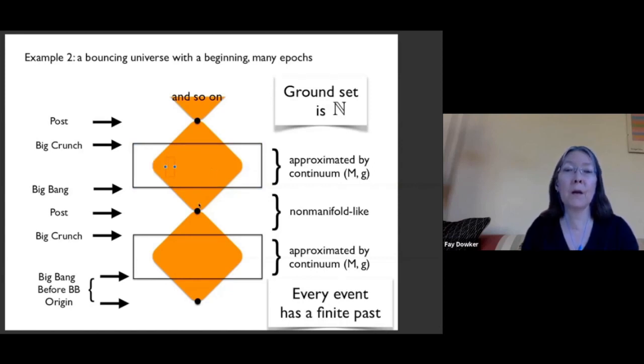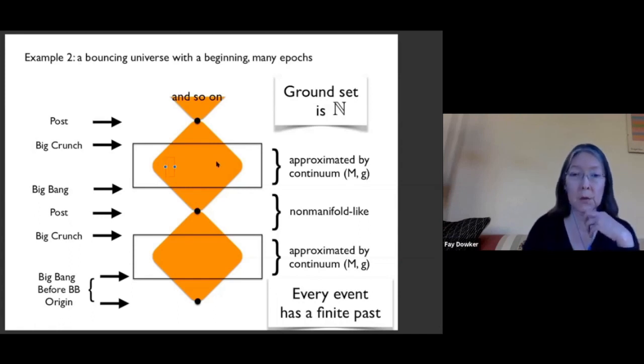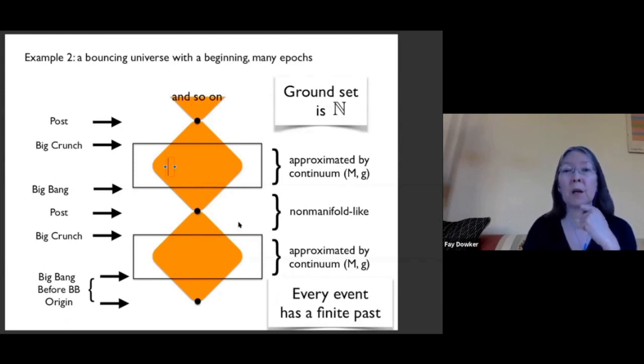Well, its past includes the post, and between it and the post there'll be finitely many elements, because this is a locally finite partial order. And between this post and that post, again, there are finitely many elements. So each epoch from post to post has finitely many elements.